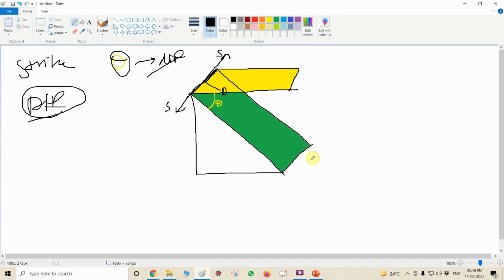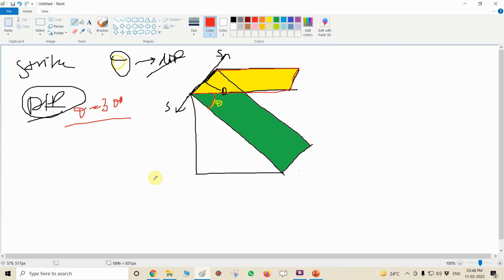Okay, so let's say the angle it is making with the horizontal plane is theta equals 30 degrees.